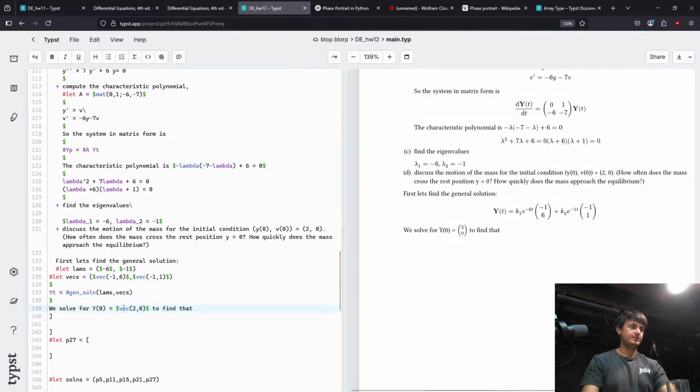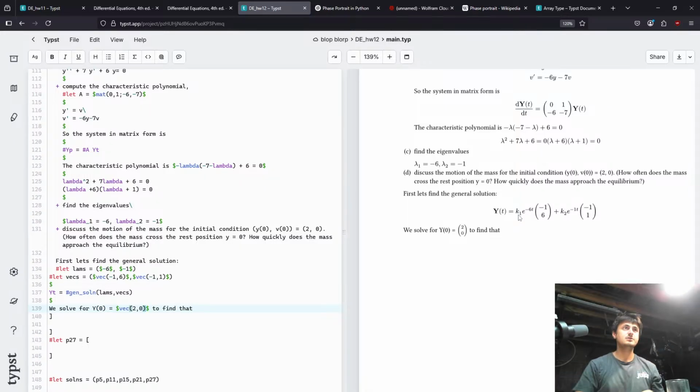So now what we want to do is to do this, we have -1 -1 -1 -1 6 1 times k1 k2 is equal to 2 0.